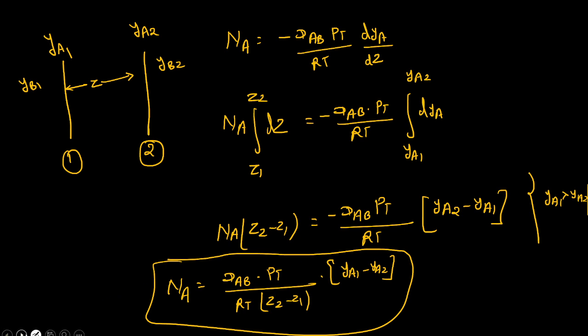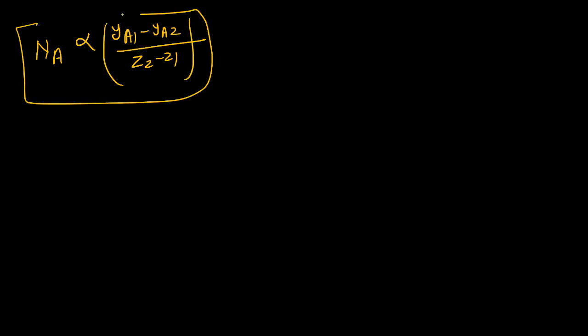Now, basically the formula you are getting here is Na is directly proportional to YA1 minus YA2 upon Z2 minus Z1. Right. So, let us try to understand one thing.